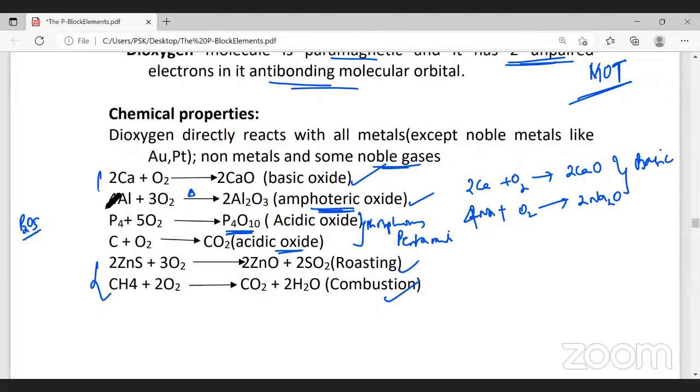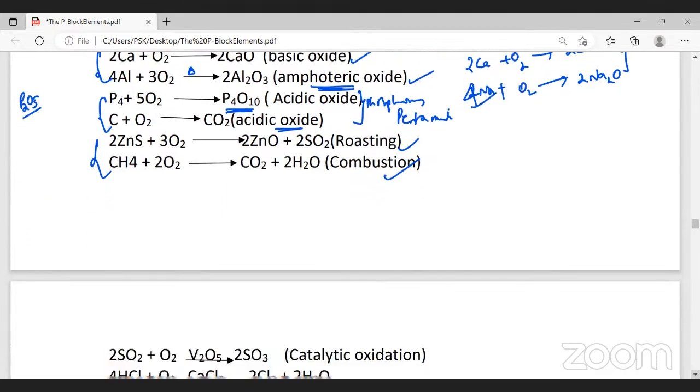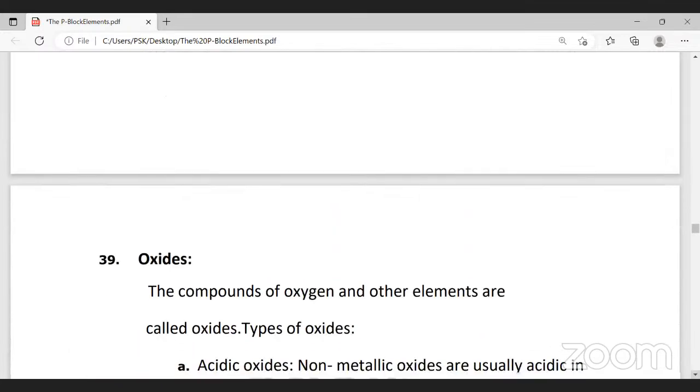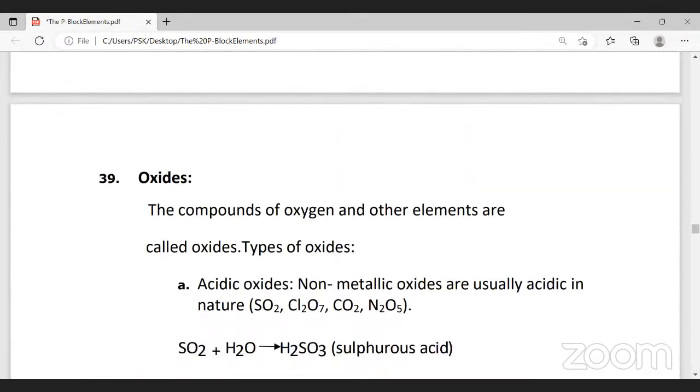Sodium is a metal; phosphorus and carbon are non-metals. And these are compounds: oxygen reacts with zinc sulfide and with methane. Questions with respect to oxygen we'll learn later. I hope you followed this concept of oxygen preparation.